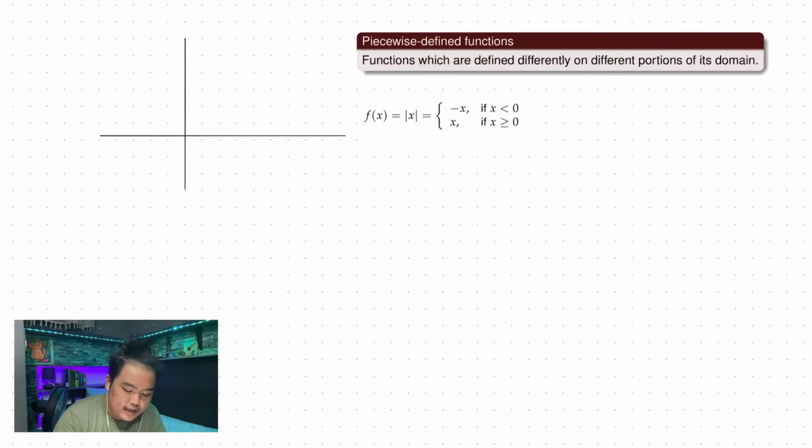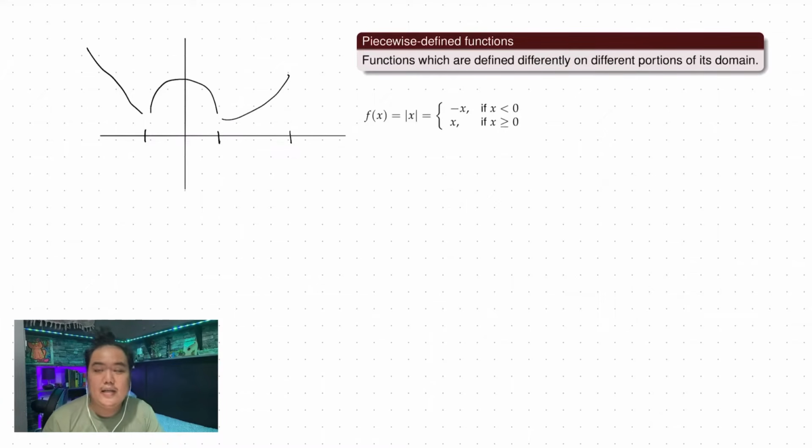So, kunyari, kung ito yung domain mo, pwedeng sa portion na to, linear siya, sa portion na to, ganyan siya. Ay, function ba yan? Pag ganyan siya, okay? So, titignan mo siya, pira-piraso nung interval niya.